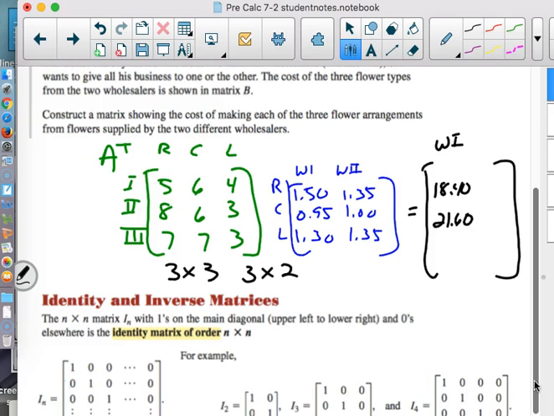And this is going to be that first design, second design, and third design cost. Because that's what I'm multiplying here. 7 times $1.50 plus 7 times 95 cents plus 3 times $1.30. 21.05. So all of that is the cost of the flowers that you would need from wholesaler 1.